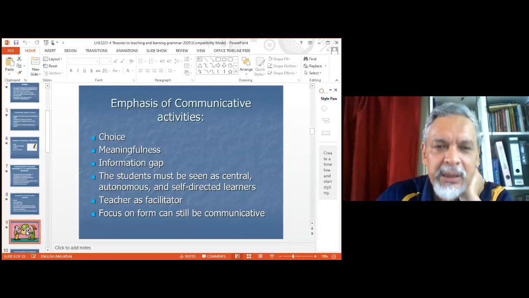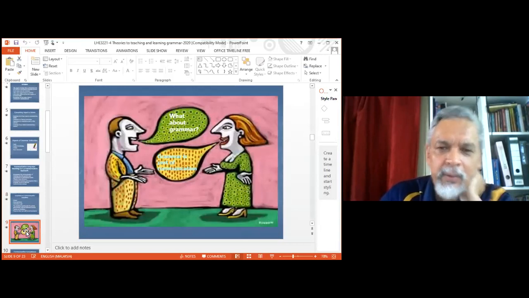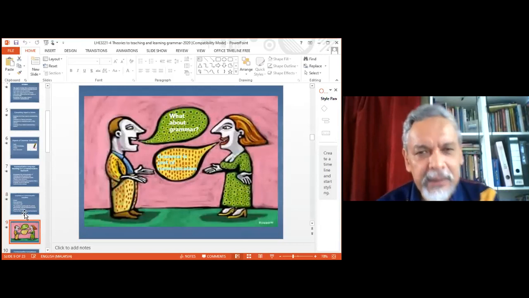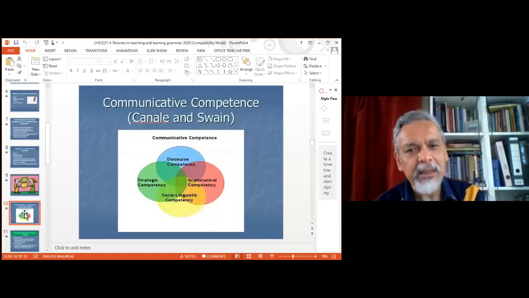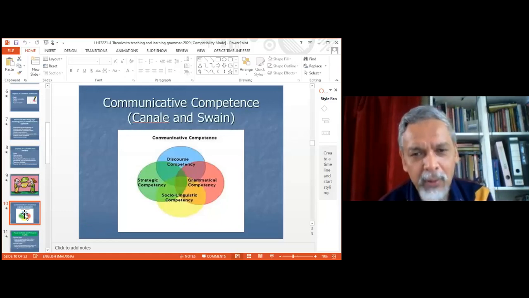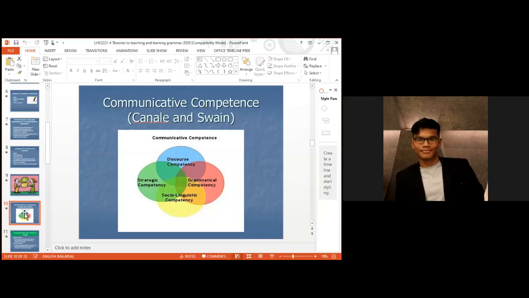Still grammar is important, because when we look at what makes up communicative competence, this is the Canale and Swain framework or model. One of the four competencies is grammatical competence. So in order to communicate, you still have to have grammatical competence. So it's still important.